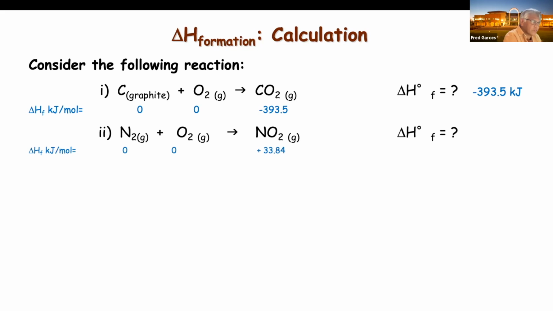Nitrogen is going to have 0, oxygen 0. And when we measure this reaction and we measure the heat that's required, we see that it needs 33.84 kilojoules per mole. So the formation constant for NO2 is plus 33.84. That's how we make our scale for thermodynamics, which you guys will be using a lot of.